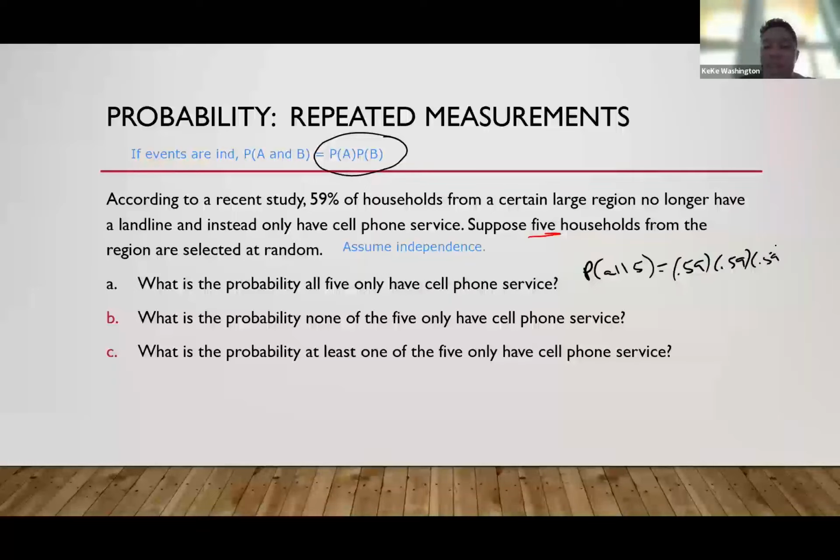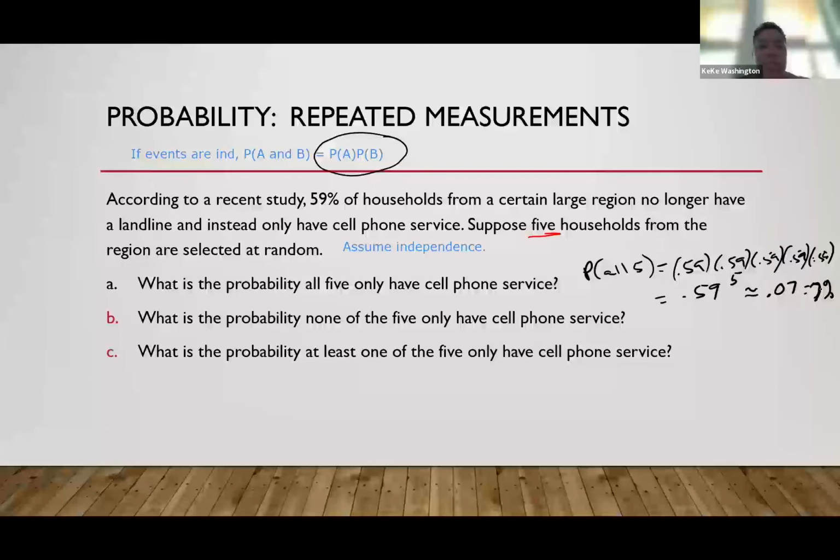And being that I have 5 of them, that is equivalent to just saying, take 59% and raise it to the 5th power. So do that calculation. That's approximately 0.07 or 7%.